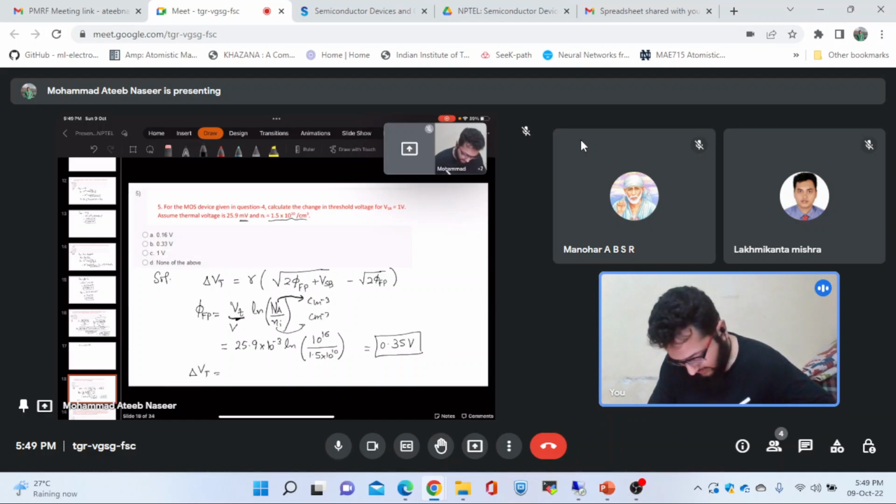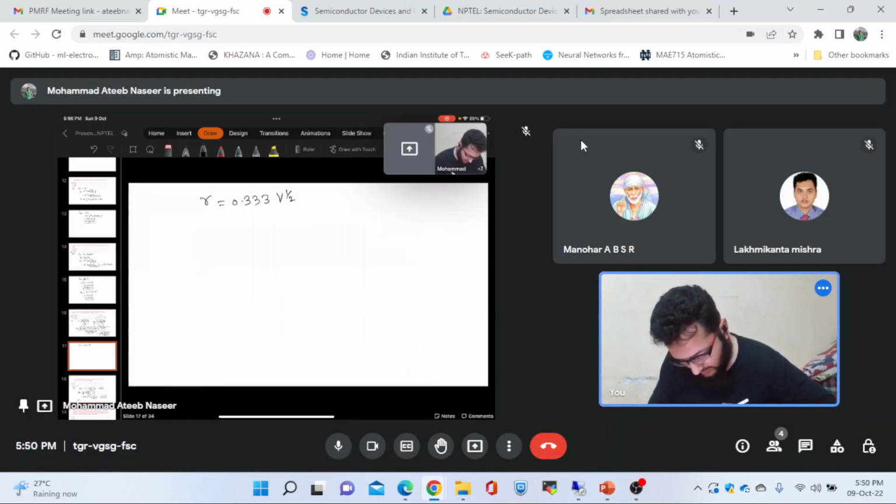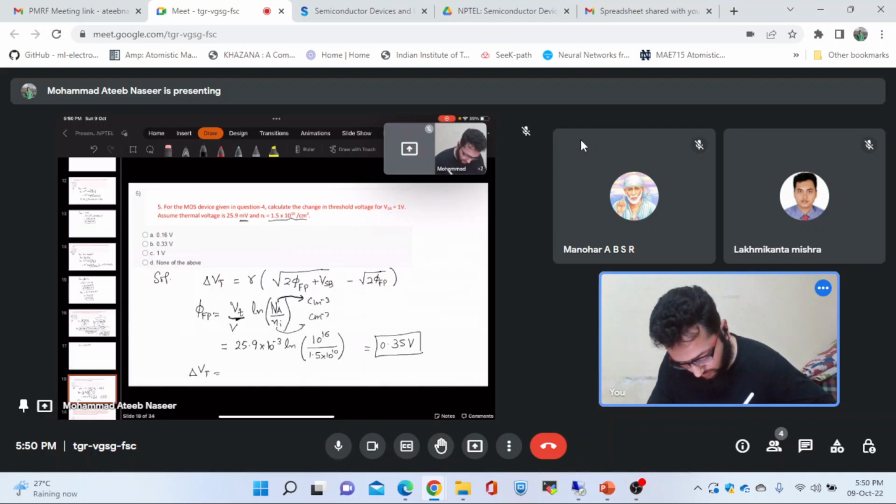Gamma came out to be equal to 0.333 root of volt. 2 phi Fp is simply equal to 2 times 0.35, plus VSB is equal to 1, and this 2 phi Fp is simply equal to root of 0.35 square.